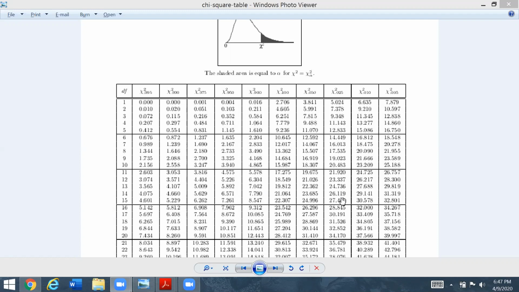Fine. This is chi-square right. Chi-square 0.025, and the answer is 26.119. In this style you must write.